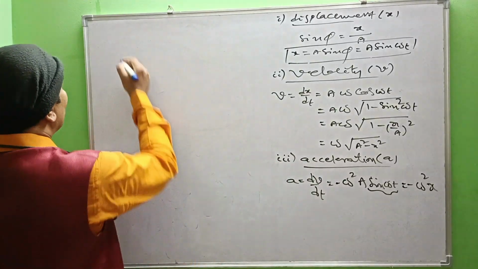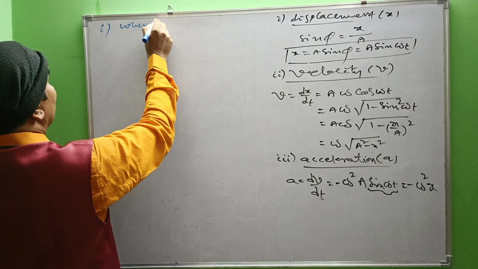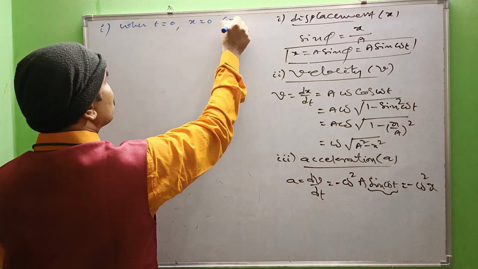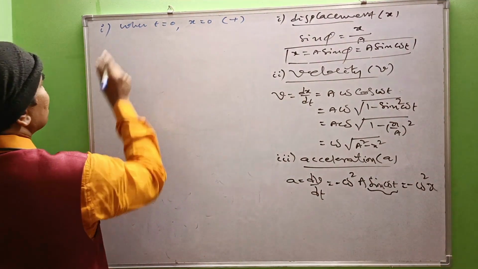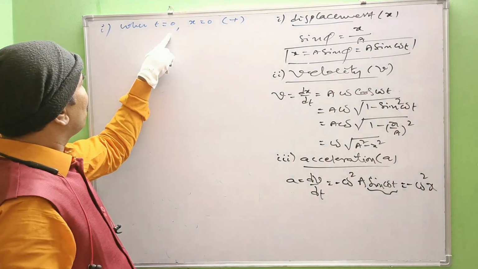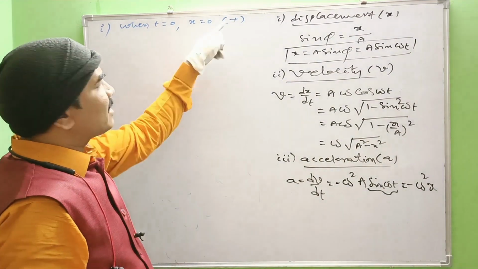Now, situation number 1: when t equal to 0, the particle is at x equal to 0 and moves along the positive x-axis. That is the first situation, right?